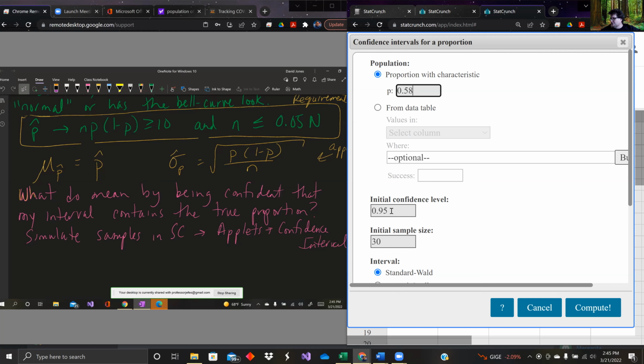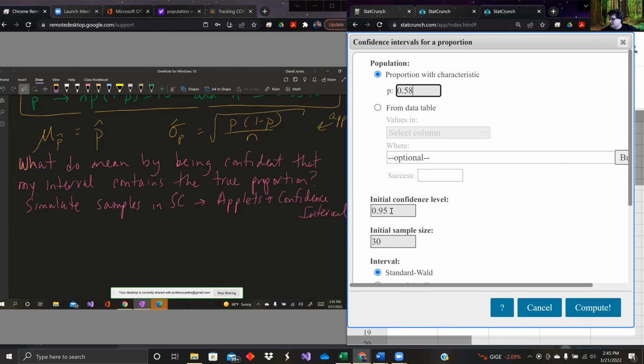So the simulation will simulate the 0.58 and find intervals with 95% confidence. I'm going to start with a sample size of n equals 100.